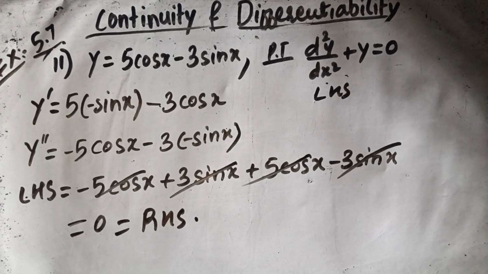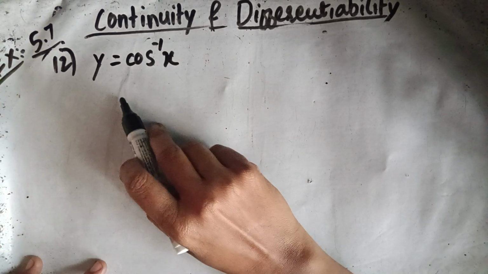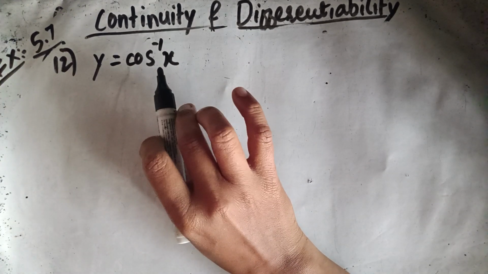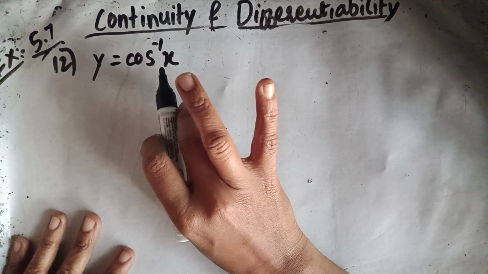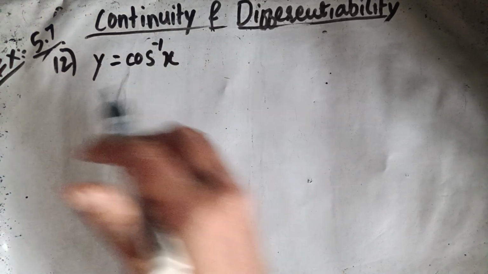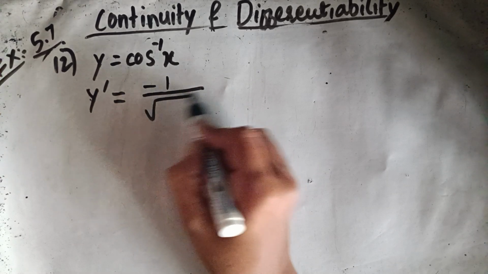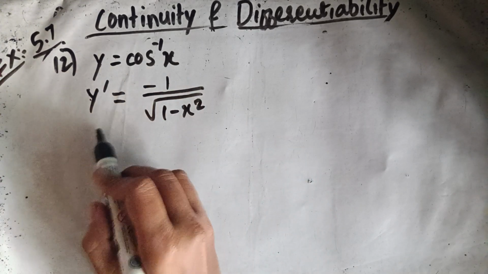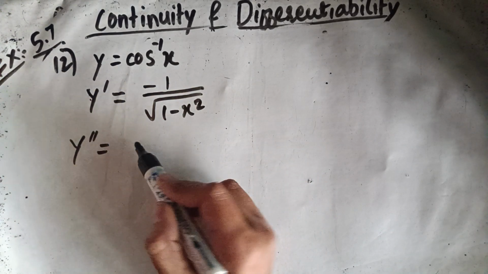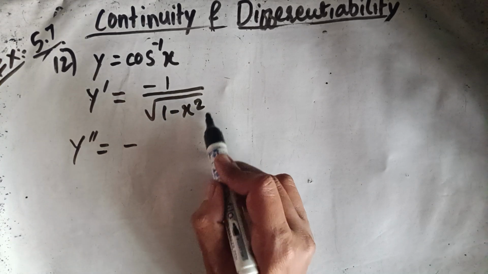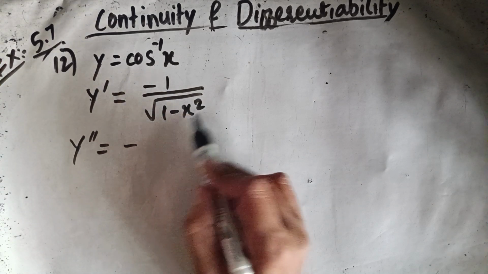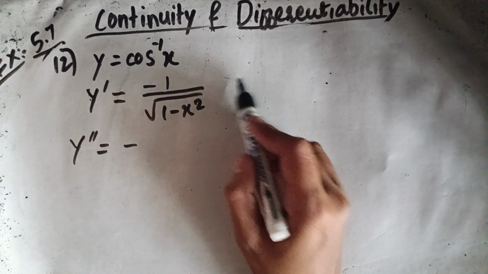Next question, y equal to cos inverse of x is given. You have to find d square y by dx square, that is double derivative. So y dash is minus 1 upon root of 1 minus x square. Y double dash, you have to find derivative of this. So you can use here u by v rule.